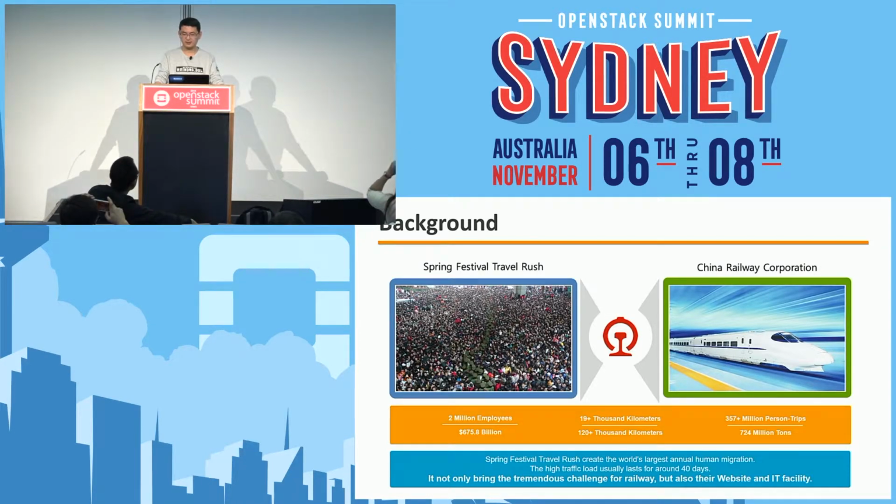And OpenStack is definitely a good choice. T2 Cloud has been collaborating with China Railway Corporation for a long time in order to build a large-scale private cloud. But before making it into reality, there's a long way to go.